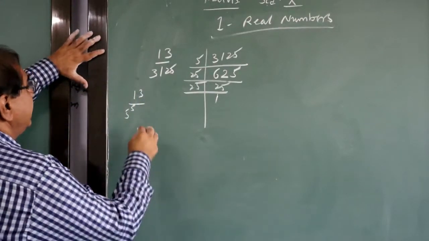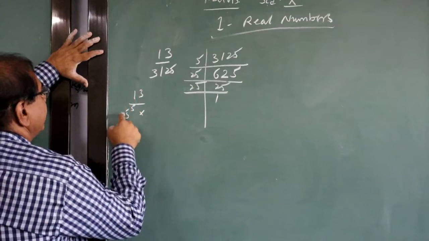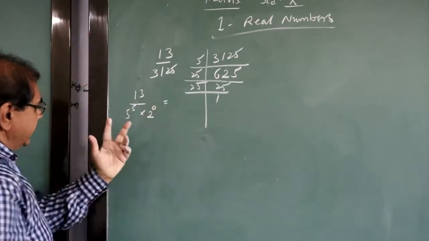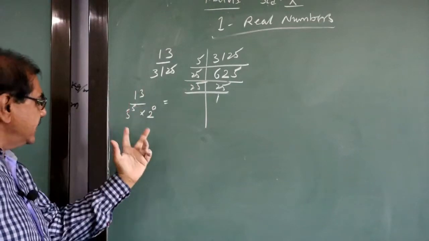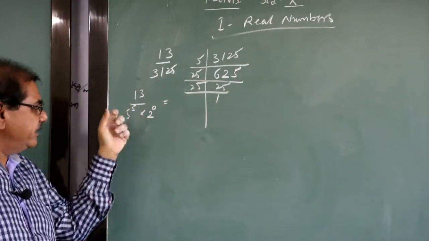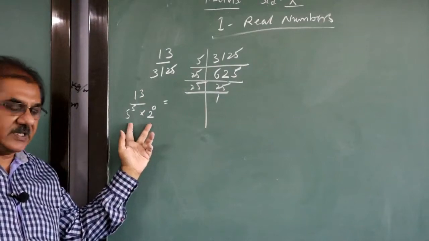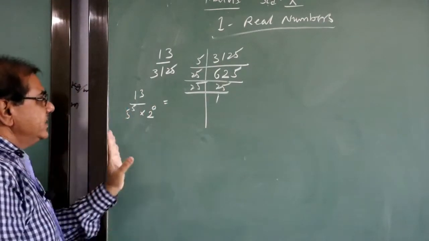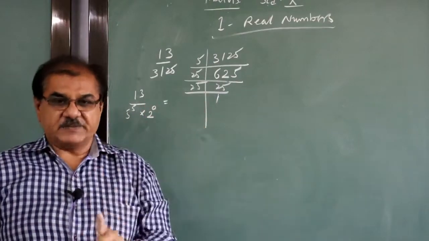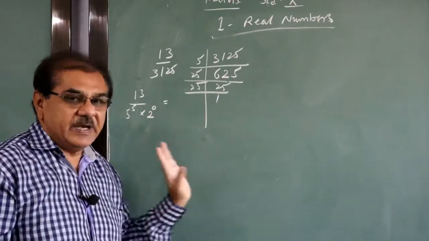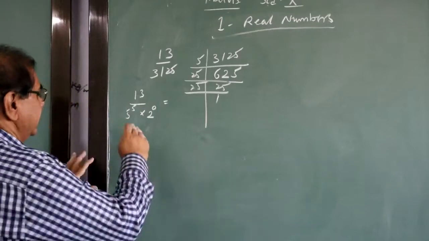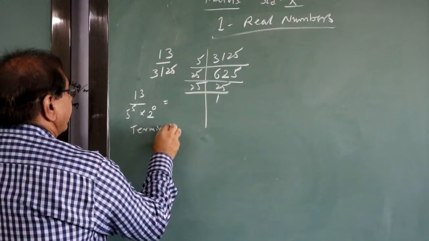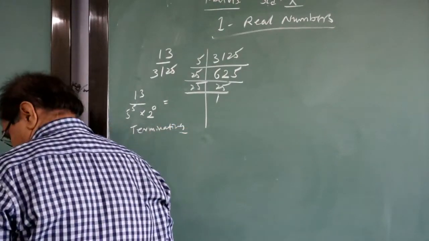Okay? So you can very easily understand that it is 13 upon 5 raised to 5 multiplied by 2 raised to 0. So it is a fraction whose denominator has the prime factorization in the form of 2 raised to m multiplied by 5 raised to n. So this will have a decimal expansion which is terminating. Okay? So here we write the answer: terminating.